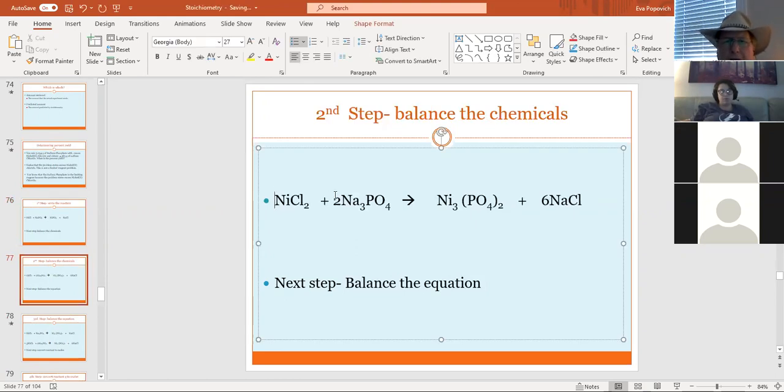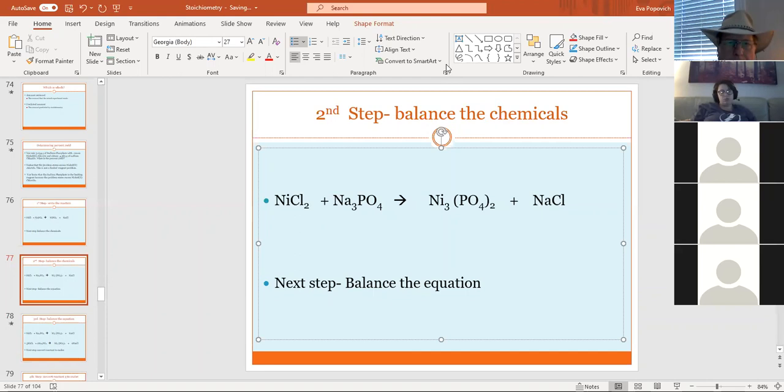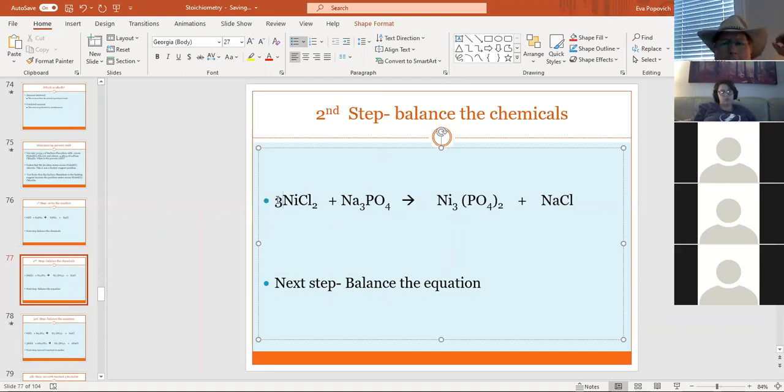Next step, we've got to balance our equation. Are my nickels balanced? Put a 3 in front of nickel chloride. How about my sodiums? Three in front of sodium chloride.